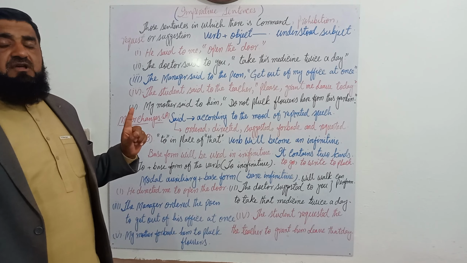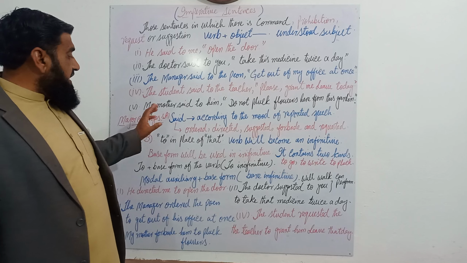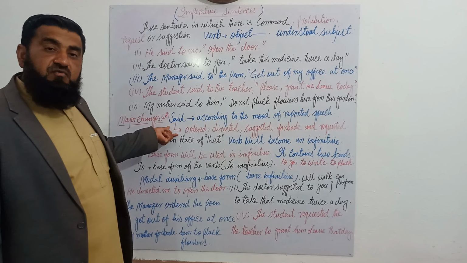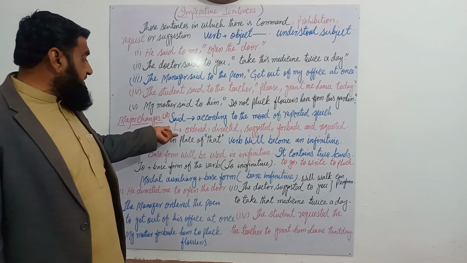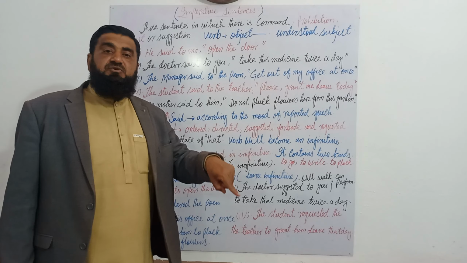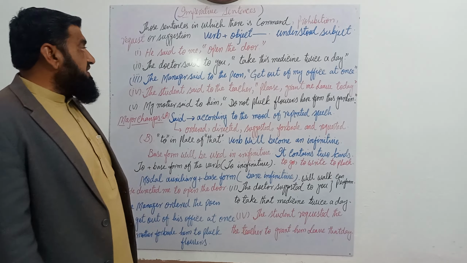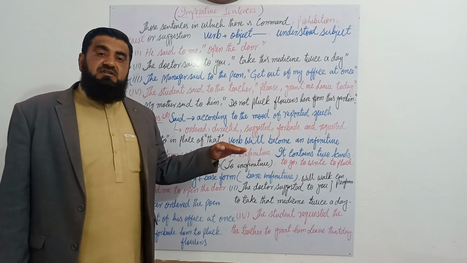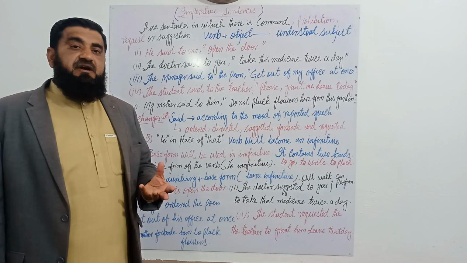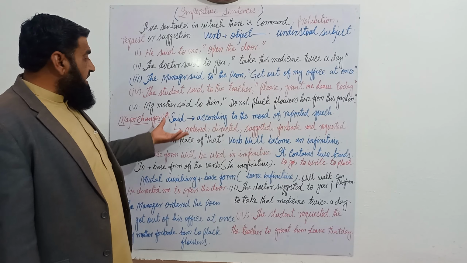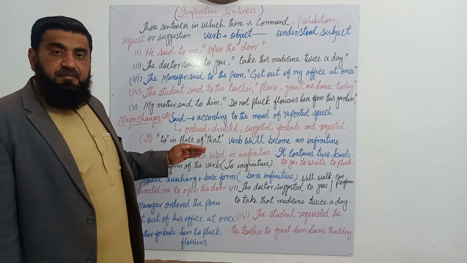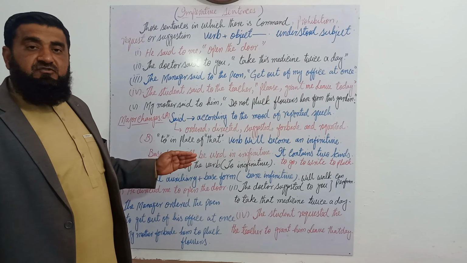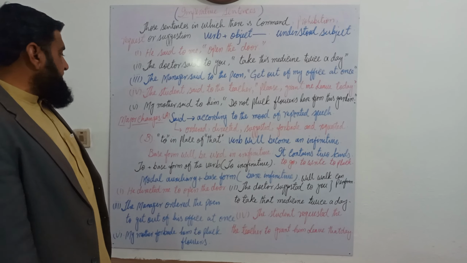So this is the first major change within imperative sentences while we are changing an imperative sentence from direct into indirect narration. First the grammatical structure of an imperative sentence, and then how we will change it from direct into indirect narration.